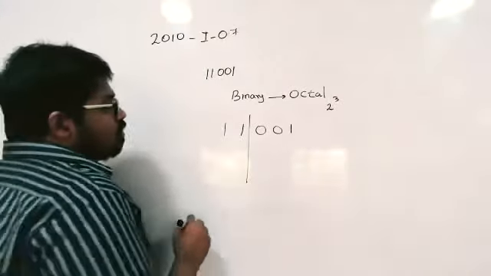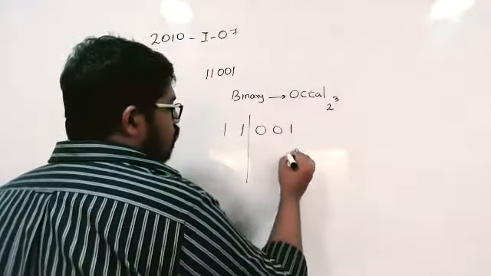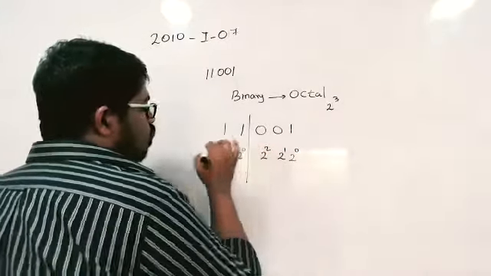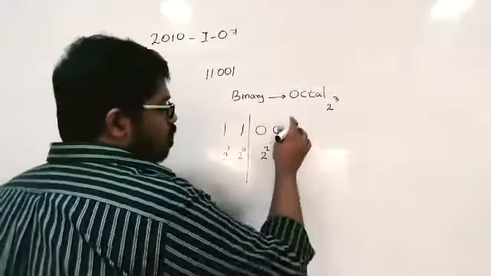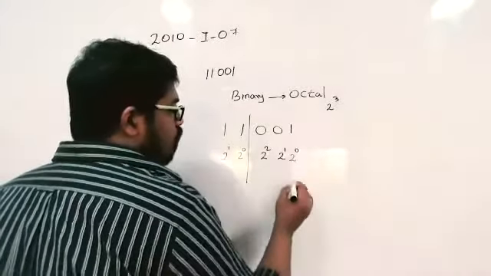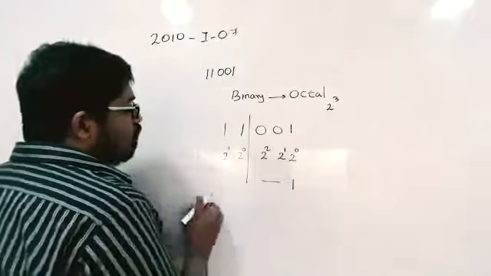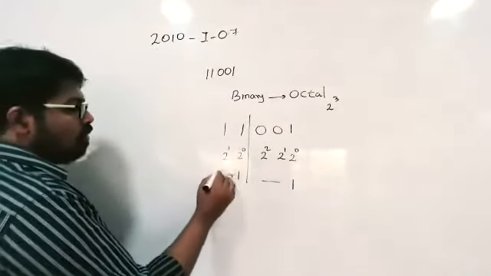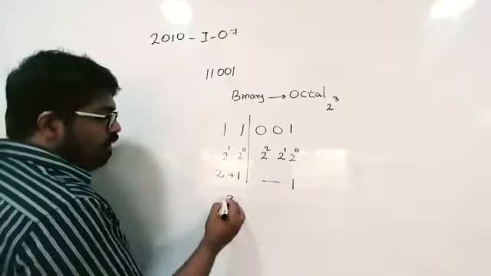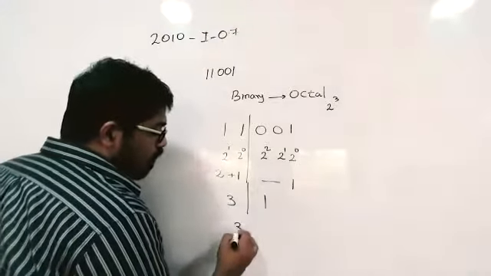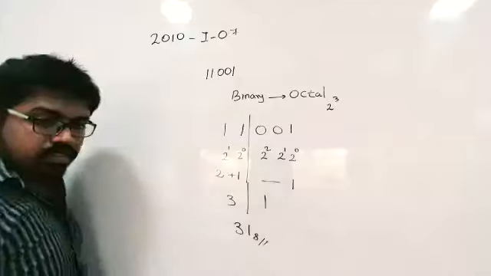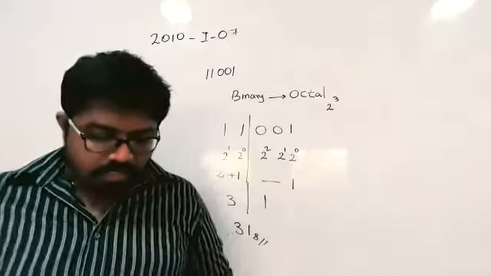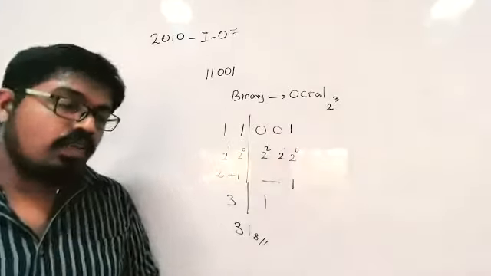Then you multiply by powers of 2. So 2 to the power 0 is 1, 1 into 1 is 1, others are 0, so leave it. 2 to the power 1 is 2, 2 into 1 is 2. So 2 plus 1 is 3, and 1, so 31 base 8. That is your answer. In question number 7, the answer will be the second answer option.